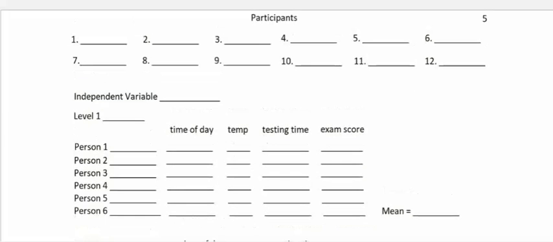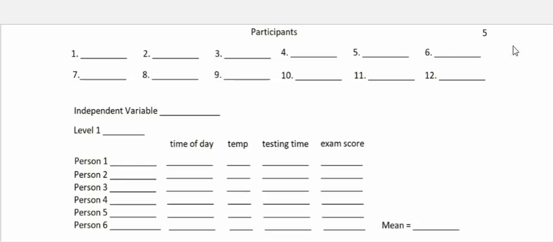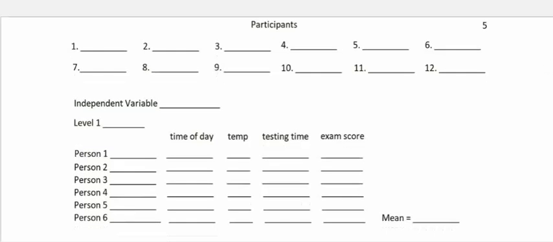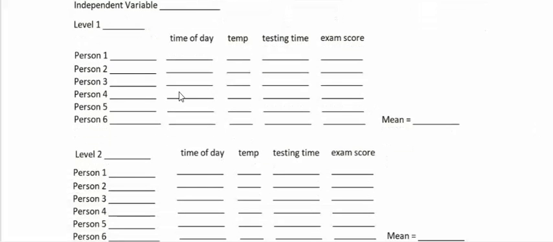So for page 5, what I want you to do here is make up another experiment. Once again, make up the initials of your 12 people, and then fill in the initials for group 1 and the initials for group 2.